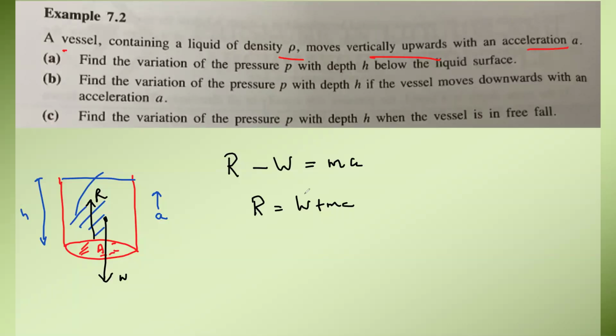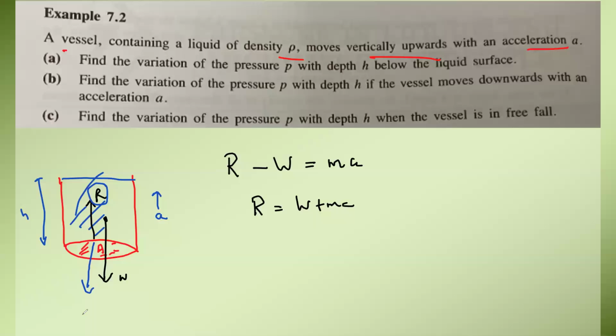Is it clear? So R equals, and I can represent this in terms of the downward force, because according to Newton's pair force, this R is a pair force of the total downward force.